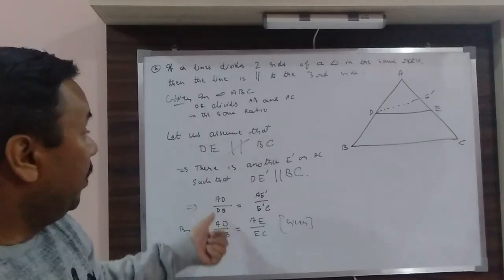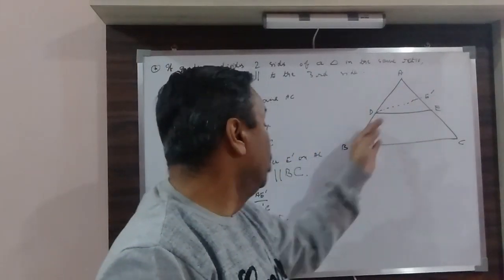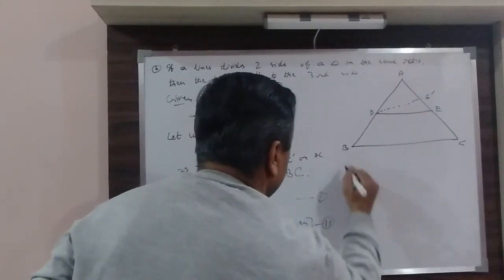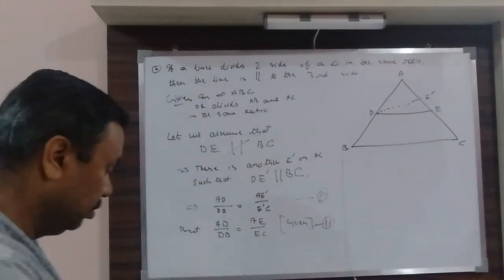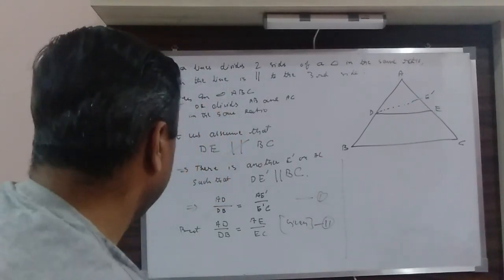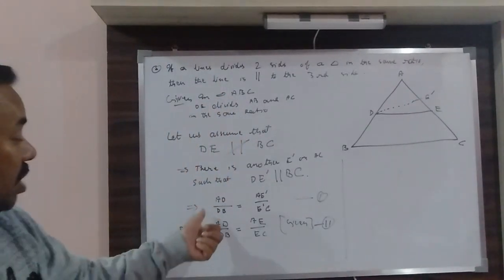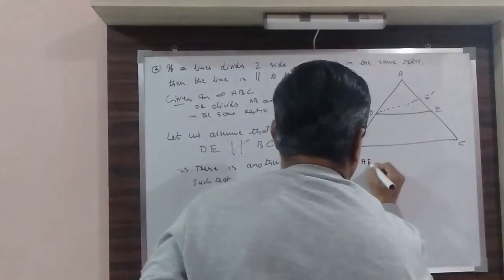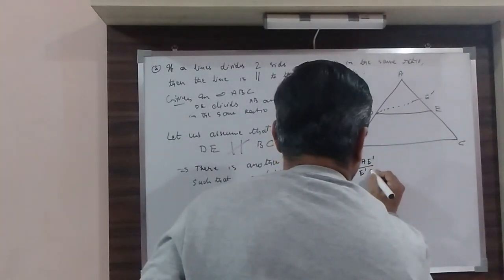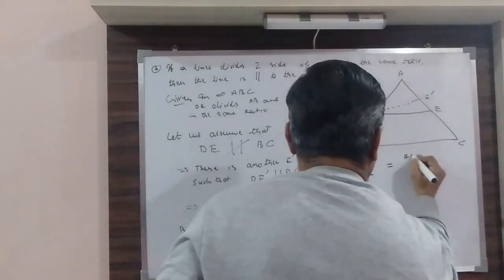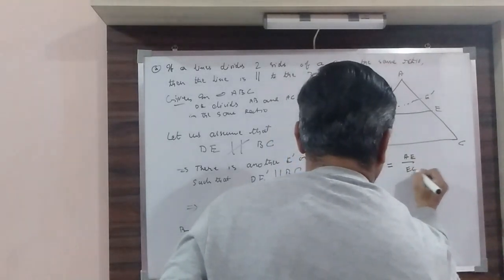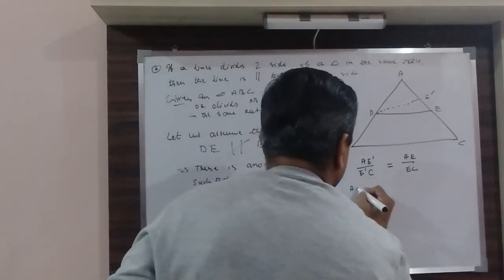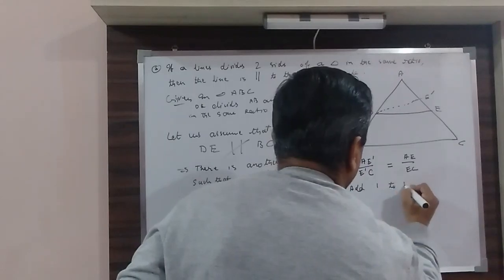So from equation 1 and equation 2, what I get is, you see, the left hand side in both the cases is the same. That means AE dash over E dash C is equal to AE over EC. Okay. Add 1 to both sides.